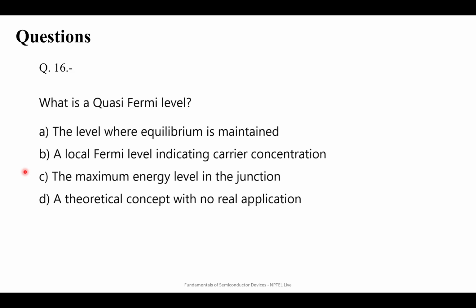That is correct. The quasi Fermi level is a local Fermi level indicating carrier concentration. A PN junction is basically made up of two semiconductors, a p doped and an n doped, so each of them will have their own carrier concentration and can have its own Fermi level.